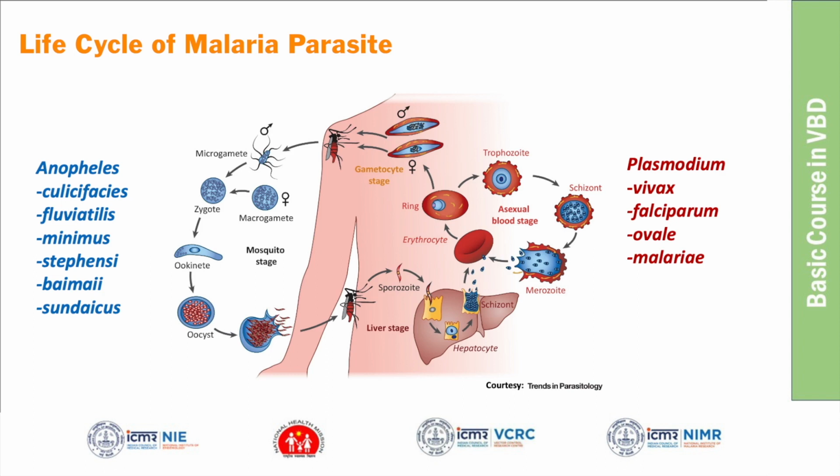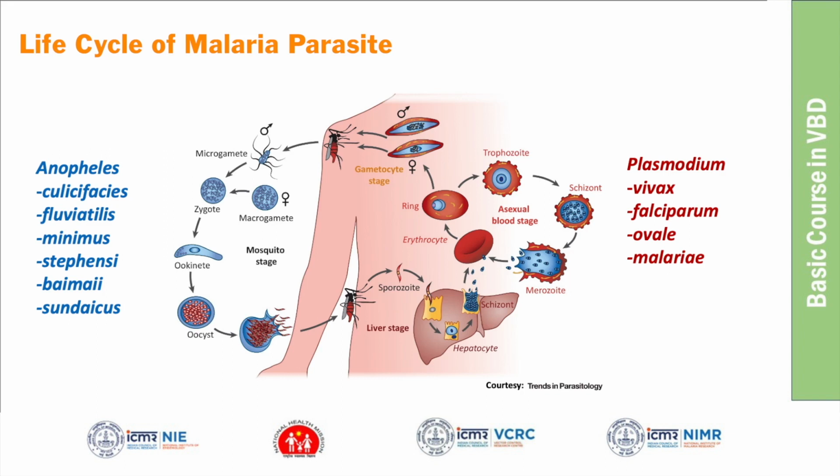Now here you would see that only one host, the human host, is involved as far as these 4 parasites are concerned, and the vector picks up infection from the human when they bite, and the gametocyte stage is internalized, and of course then there is a development within the vector host. So this is cyclopropagative.